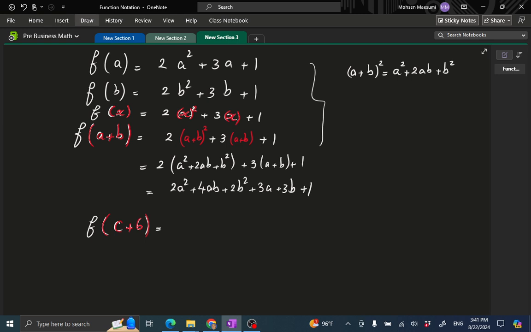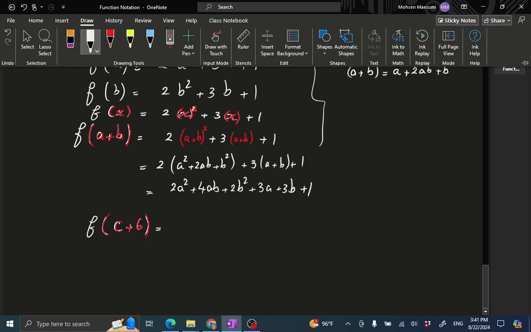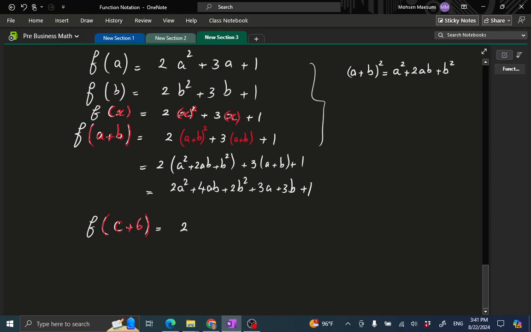The idea of the function is the same way. So whatever I have in the input, I say, okay, let's wrap all of that, c plus 6, keep it inside its wrapper, square it, 3 times that quantity, plus 1.